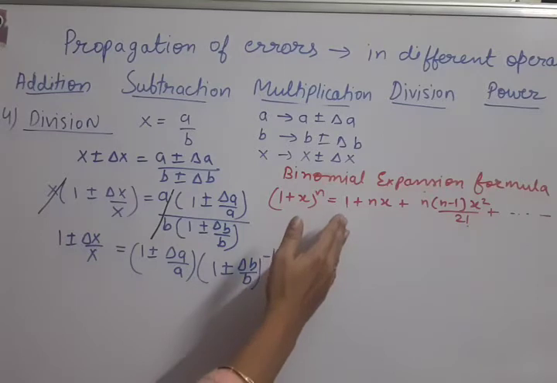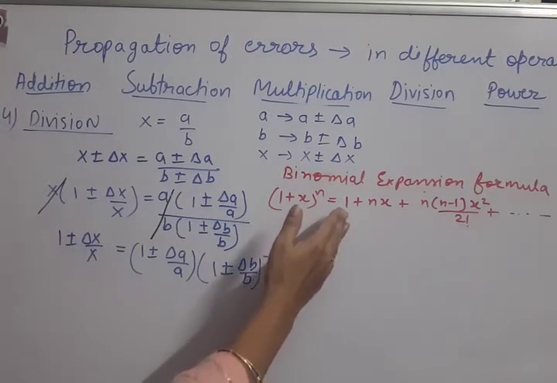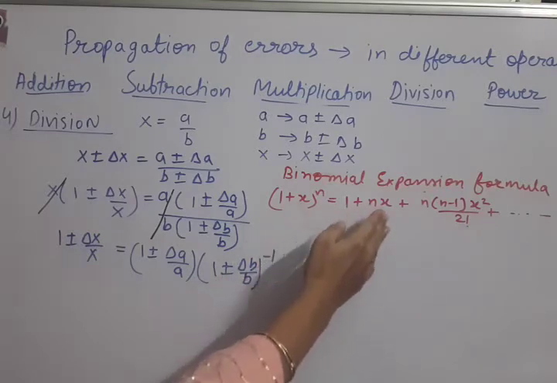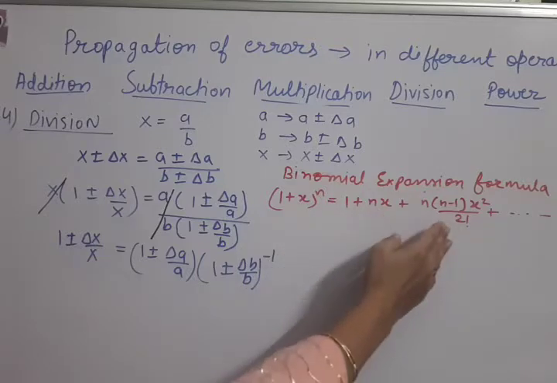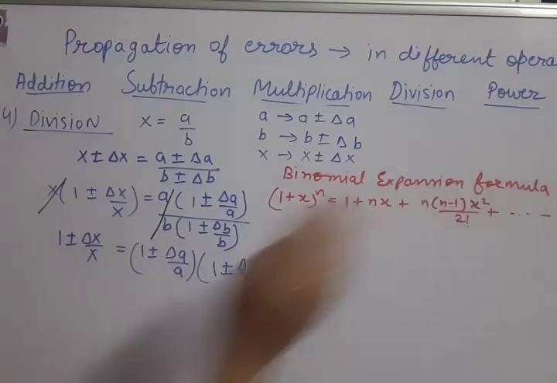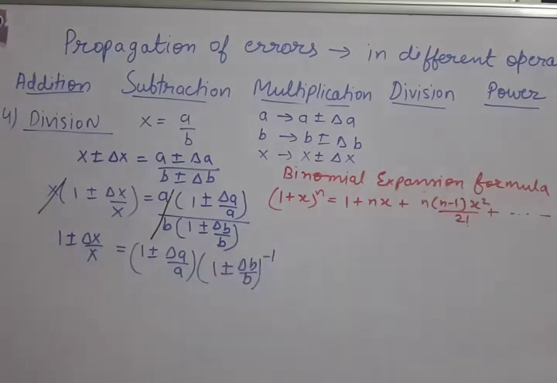So it will appear this way. First term will be 1, next term will be x power 1 with some multiple, then x square, then x cube, like that. So this formula is an infinite series, and we cannot apply the whole formula because it is an infinite series.